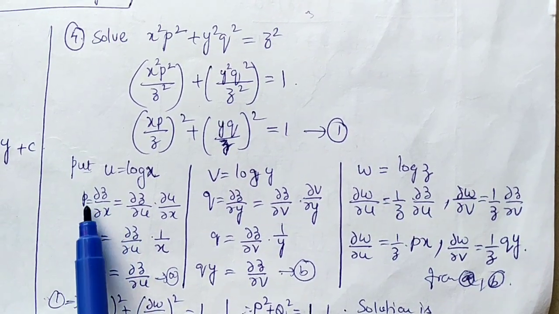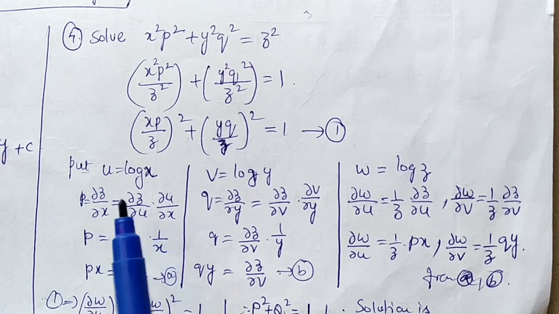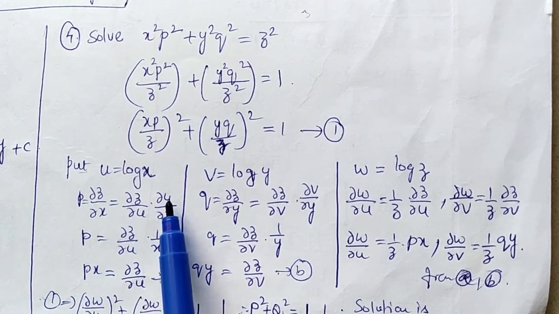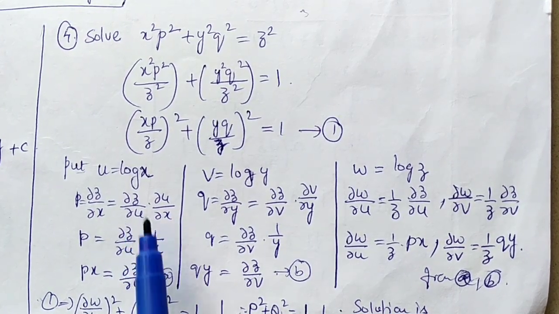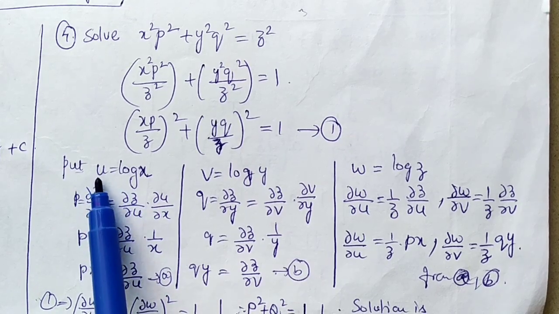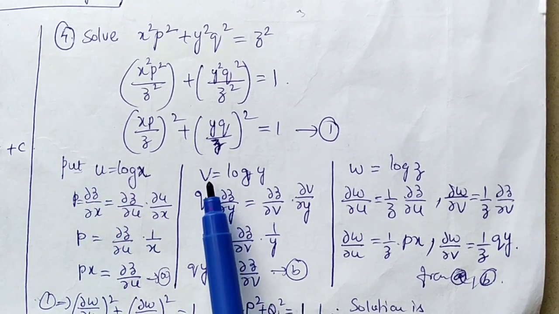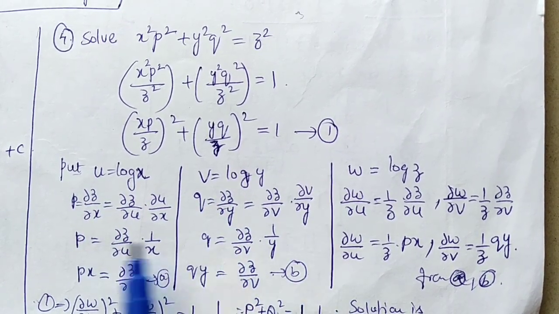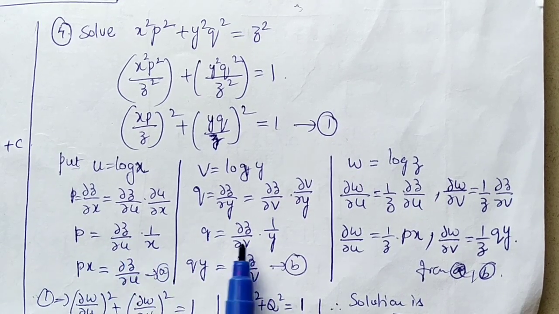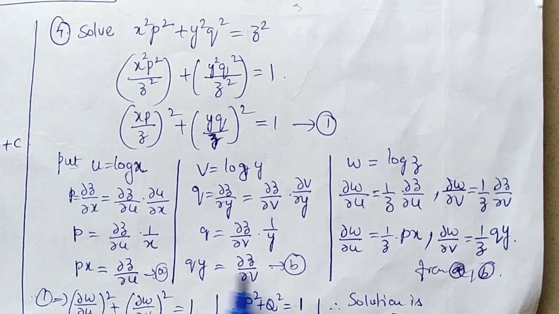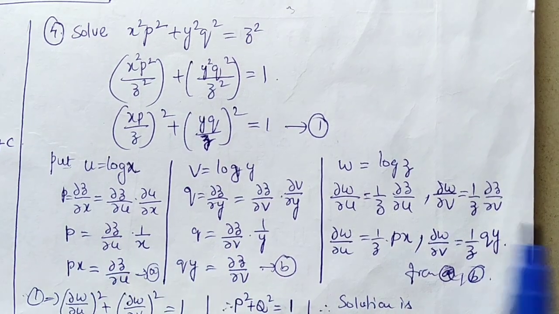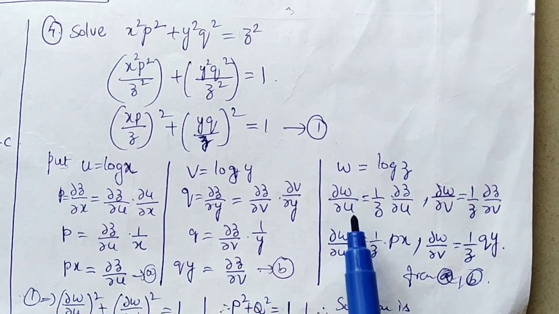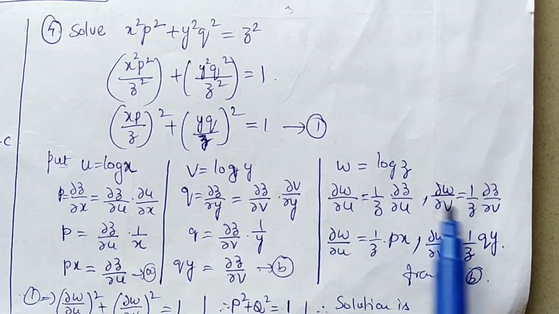And apply p means ∂z/∂x equal to ∂z/∂u, chain rule applied, ∂u/∂x. So u means log x, then ∂u/∂x is 1 by x. ∂v/∂y is 1 by y. Substitute. So p is so much, and q you will get; cross multiply x square. Let this be on one side. Now calculate ∂w/∂u.